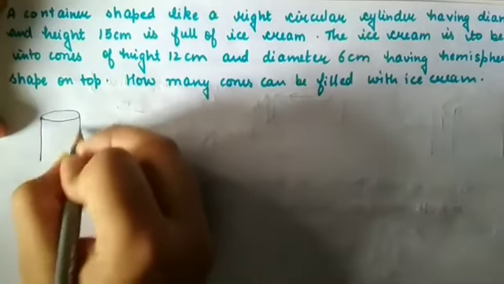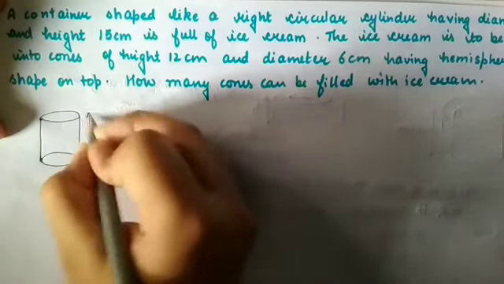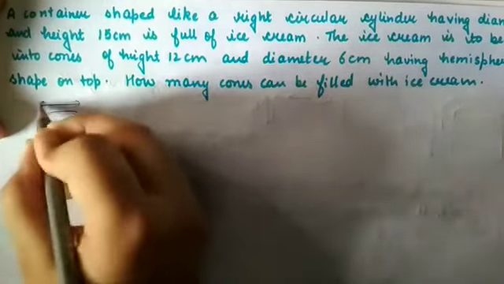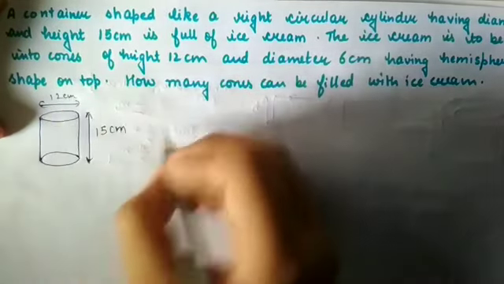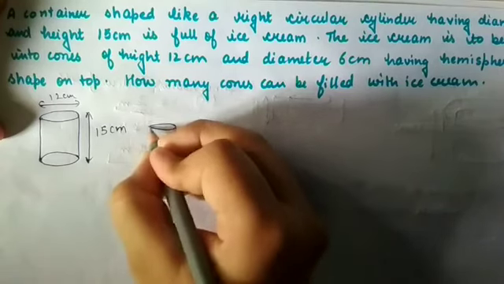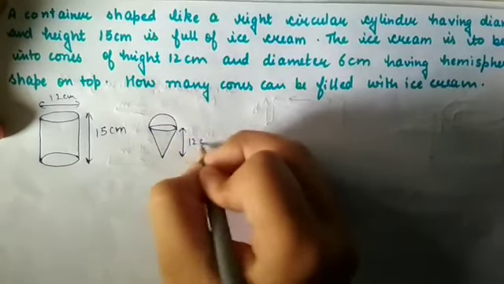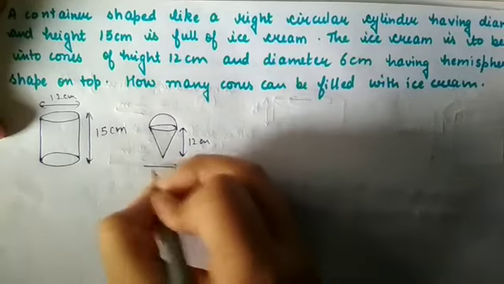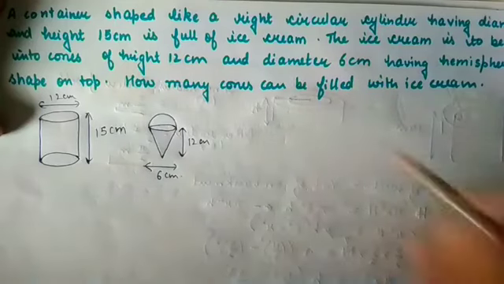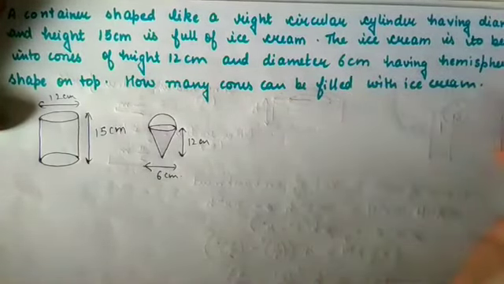So this is the shape of the container, and the height of the container is given to be 15 centimeter and diameter is given to be 12 centimeter, and the cones are of this shape, cones having a hemispherical top. So the height of the cone is 12 centimeter, the diameter of the cone and the hemisphere are 6 centimeter. So we have to find that how many cones can be filled with ice cream.